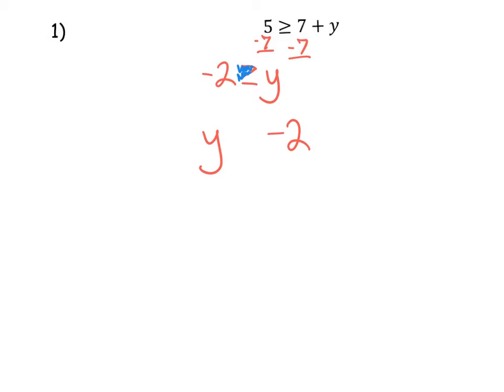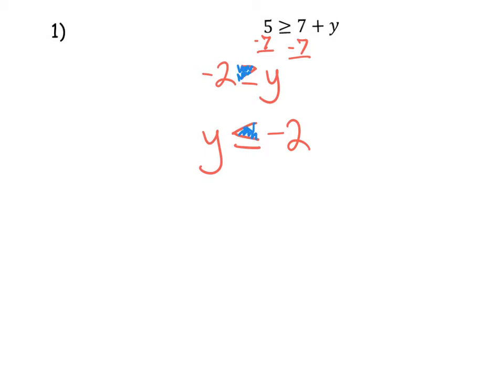Put the -2 on the right. You really need to make sure that your alligator is still eating the -2 when you flip it. If you need to flip it so that the variable is on the left, you got to make sure that your opening, your alligator, is still eating the same number in the same direction, okay?